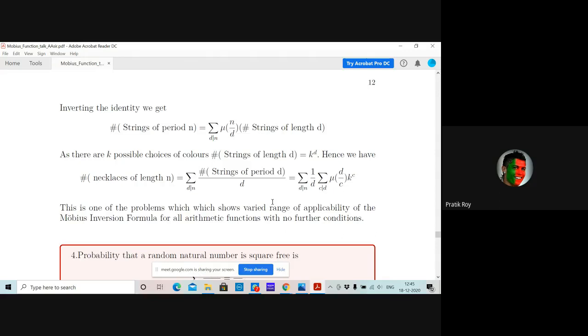The calculation remains the same, but it tells us exactly what we must subtract and what we must add. And this mu function, as we know, can give +1 and -1 as answers. In some way it just tells us how much we have to subtract and how much we have to add. But this is not the famous expression that we have for necklaces of length n.